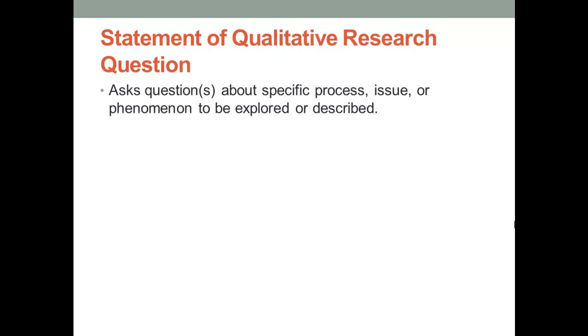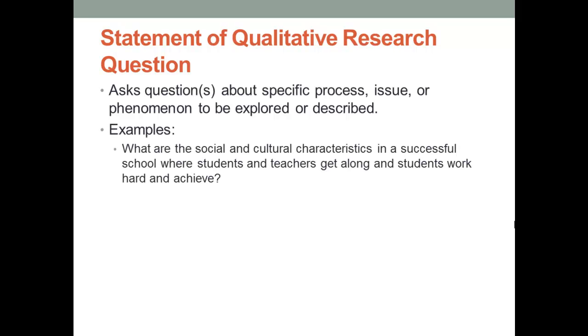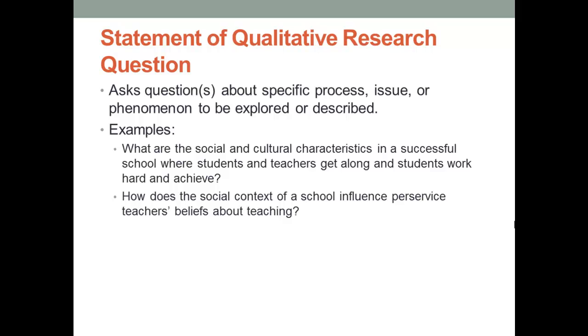In qualitative research, a research question asks about the specific process, issue, or phenomenon to be explored or described. For example, what are the social and cultural characteristics of a highly successful school where students and teachers get along well and students work hard and achieve highly? Or, how does the social context of a school influence pre-service teachers' beliefs about teaching?